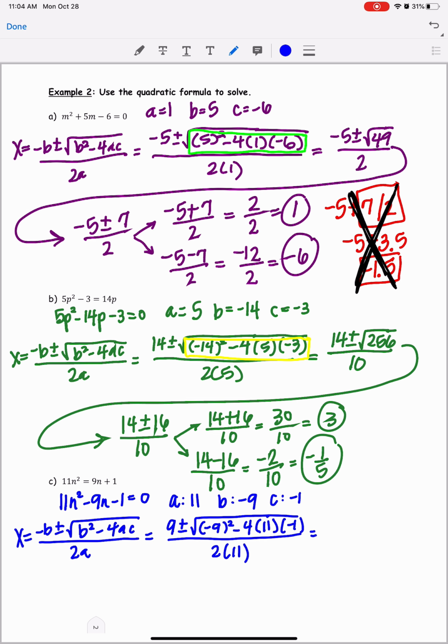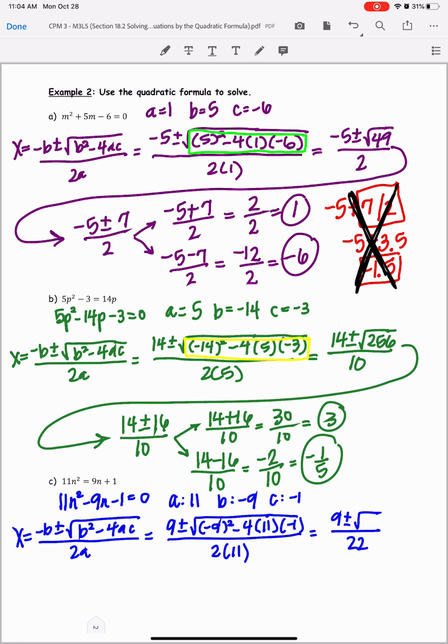So now simplify. So my 9 plus or minus a square root of something all over 2 times 11 is 22. So we've got to figure out what goes under that radical. So put in everything here that is under the radical, but not including the radical.